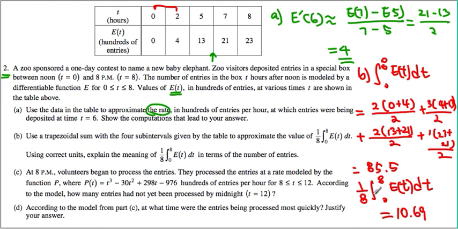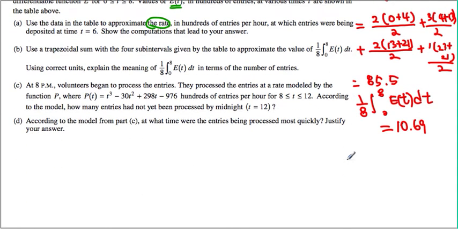Since the expression we are looking at is the average value formula, this tells you that this is the average number of entries.